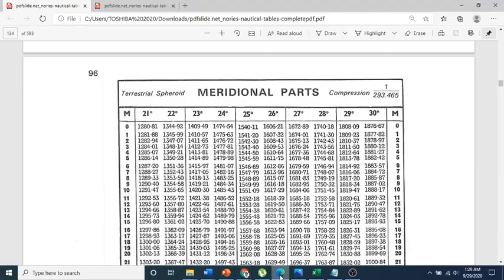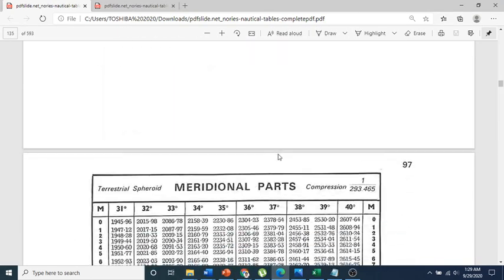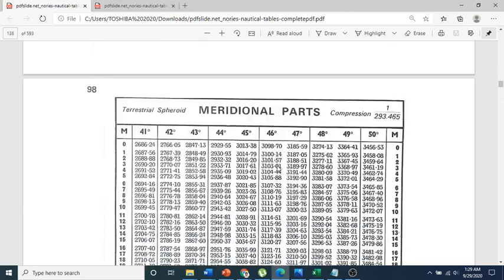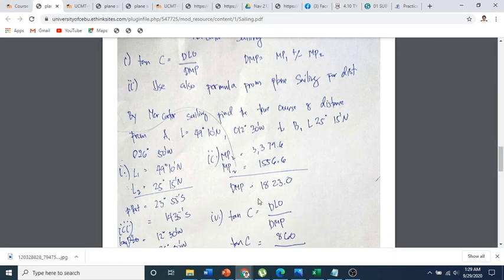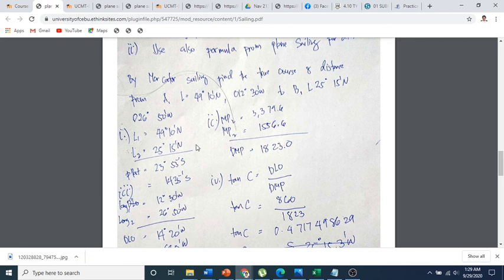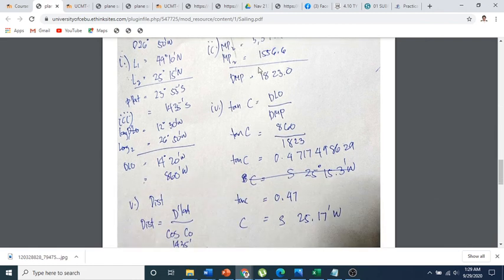So here, 49 degrees 10 minutes, 3379.63. So 3379.6, so that is the original part. Because the DLAT is subtracted, same as well in DMP, so you subtract.